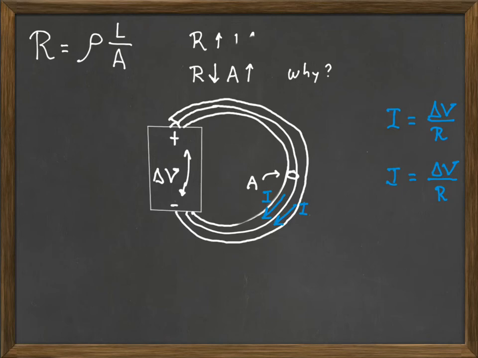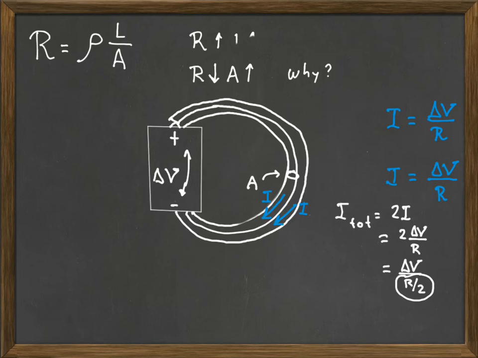So for the second wire, the current is also delta V over R. So what is the total current that is flowing through the two wires combined? So we have two wires with identical currents I, so the total current is 2I. If we replace the current with delta V over R, we notice that we can write the total current as delta V divided by R over 2.